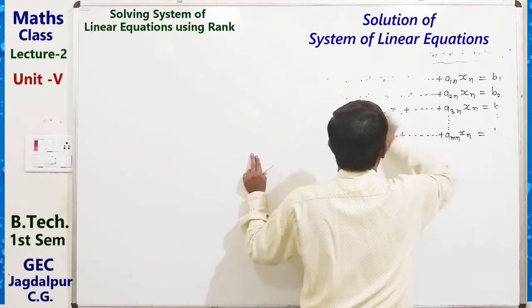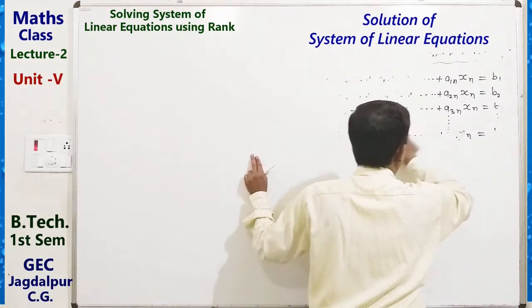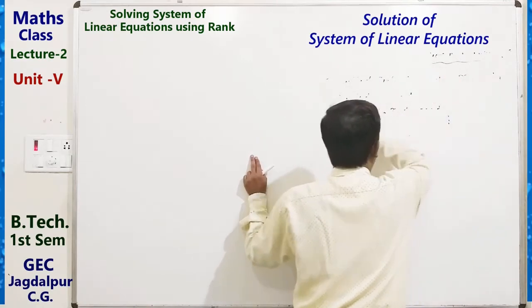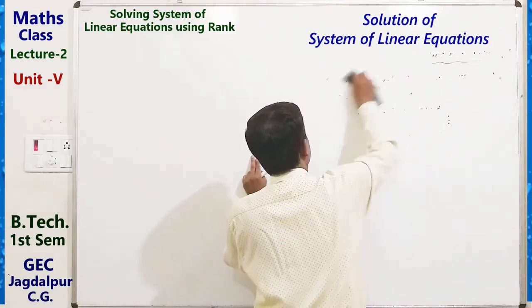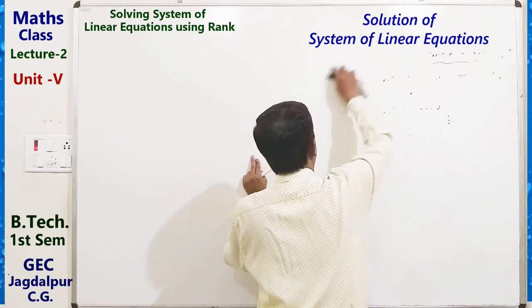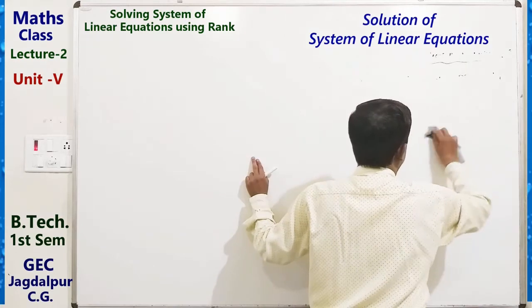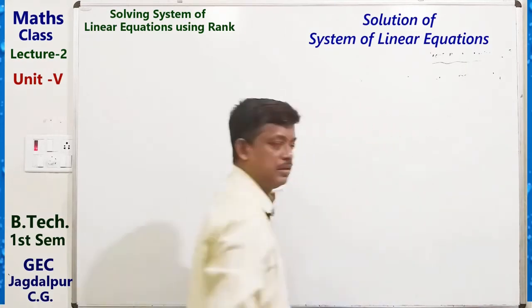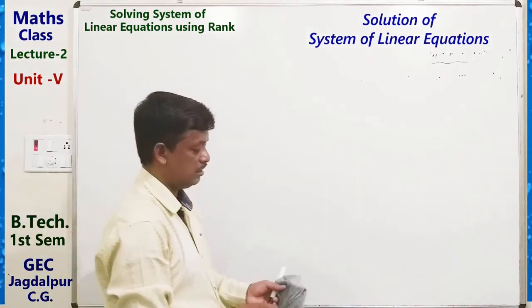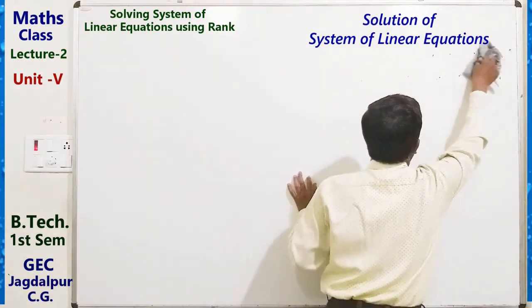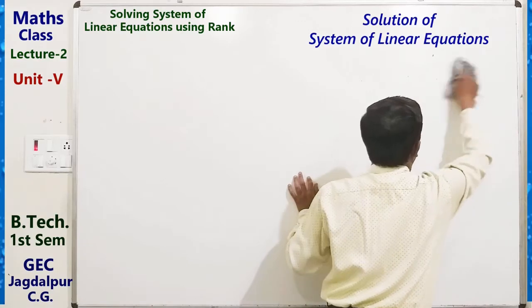Okay, and then by watching the number of non-zero rows in the upper triangular form matrix, we can get the rank, and then we can conclude using Roche's theorem.